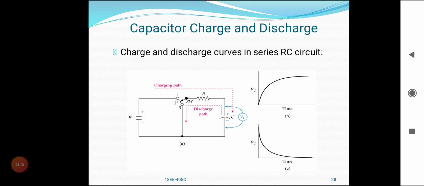Closing switch 1 completes the circuit, which causes the capacitor to charge through the resistor R. When the switch is connected to point 3, the capacitor discharges through the load R. The capacitor charging as a function of time is shown charging exponentially and discharging exponentially, as shown in the slide.